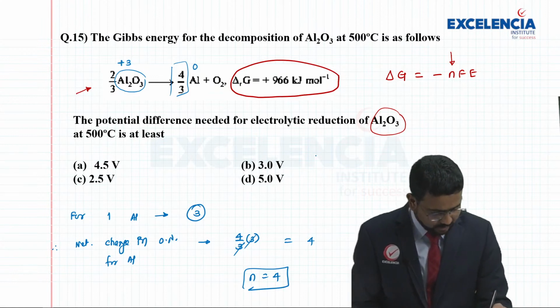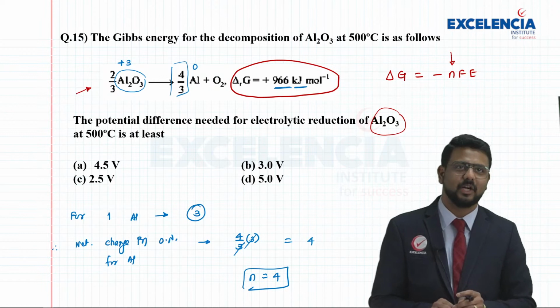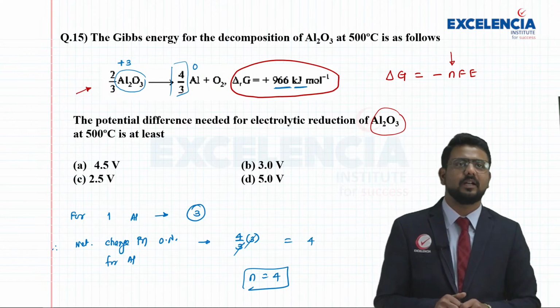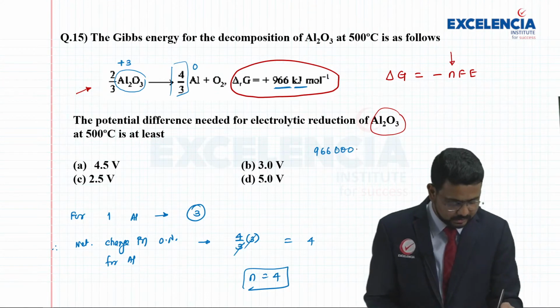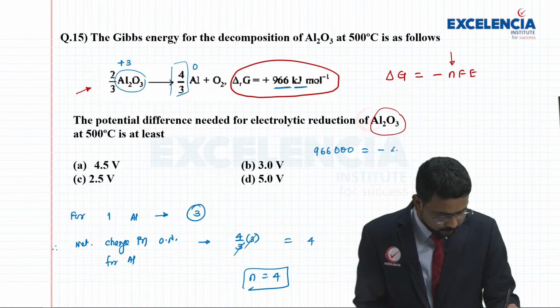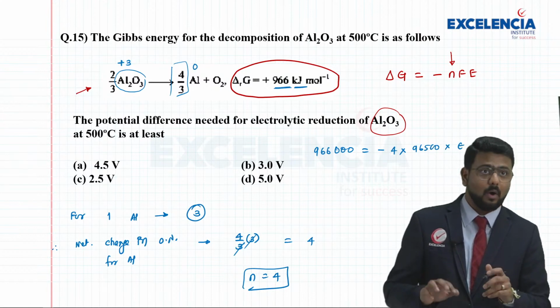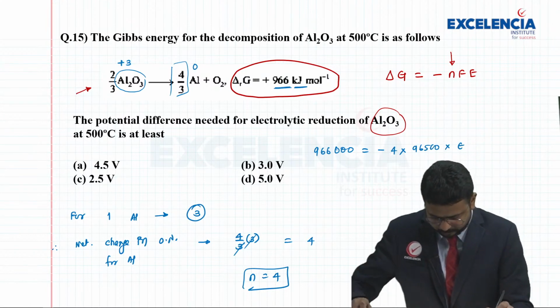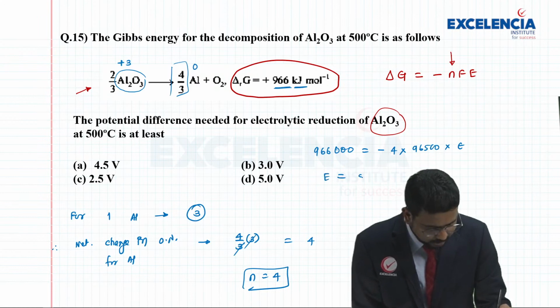And if n value is 4, let's substitute that here. So your delta G value is plus 966 kilojoules per mole. Okay, so let's suppose we are writing that in terms of joules. So here you are having 966,000, which is equal to negative 4 into 96500 into E. Okay, now when you will solve this particular expression here, you will realize that your answer will come out to be nearly equal to 5 volts.